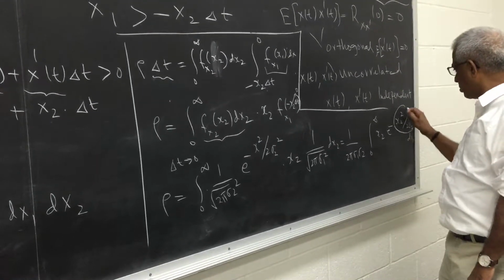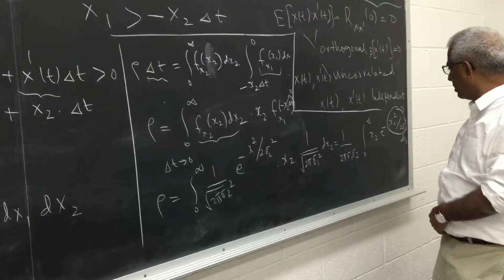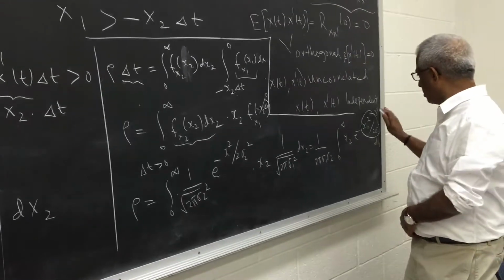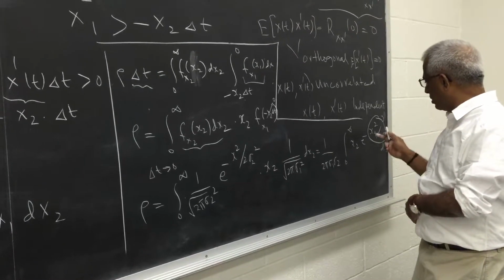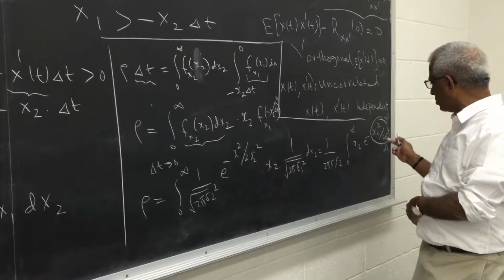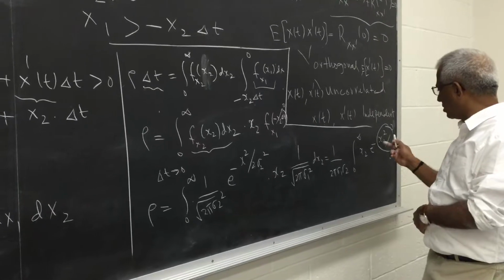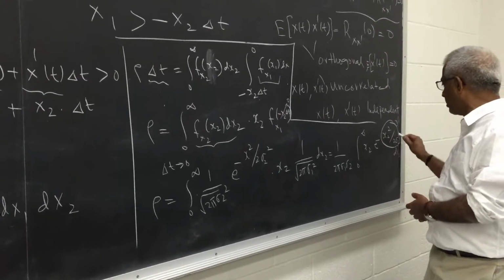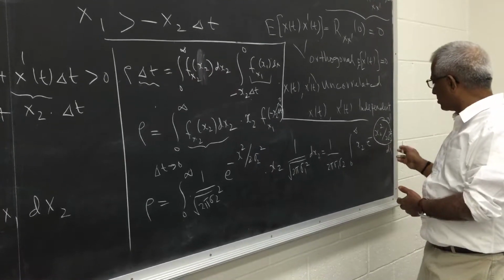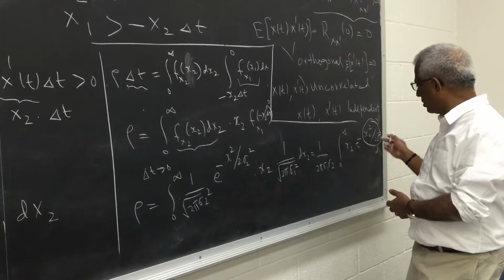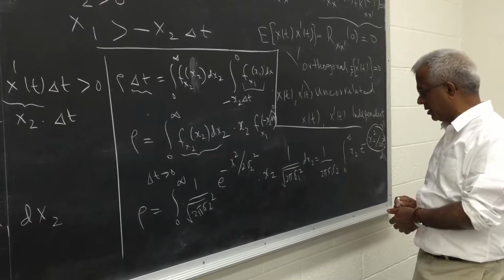So if I substitute this by y, notice that dy is going to be 2 x2, so the 2 cancels, x2 over sigma 2 squared, or x2 dx2 is sigma 2 squared multiplied by dy.